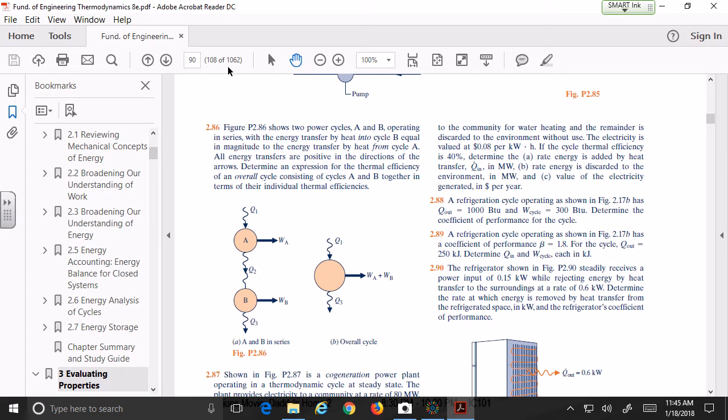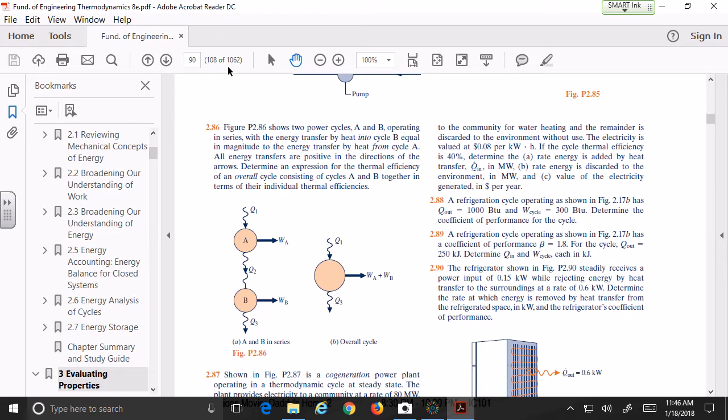Each one of these two power cycles creates work, work A and work B. So that's the first figure on the left-hand side.